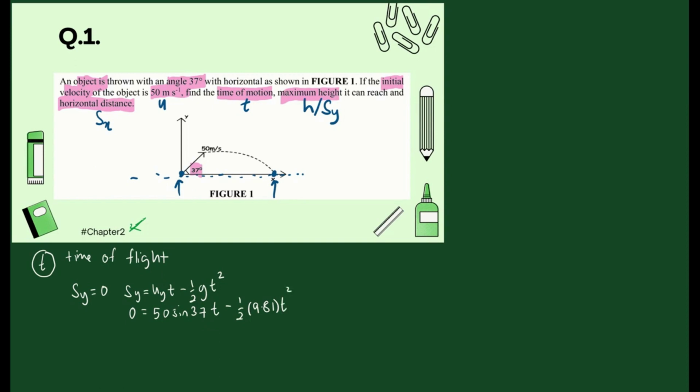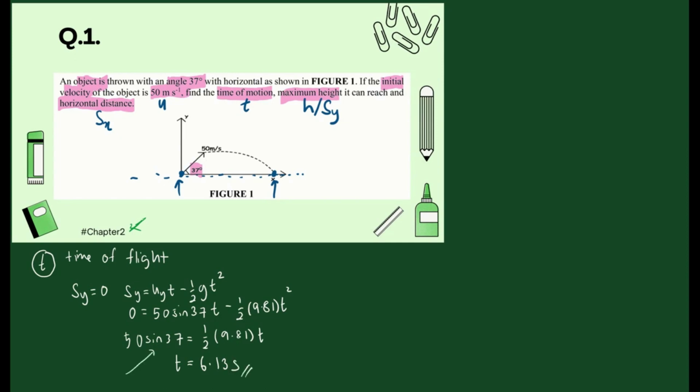So we have 50 sine 37 equal to half 9.81 T. One of the T is cancelled out. Putting all the values in your calculator, you'll have your time of flight as 6.13 seconds.